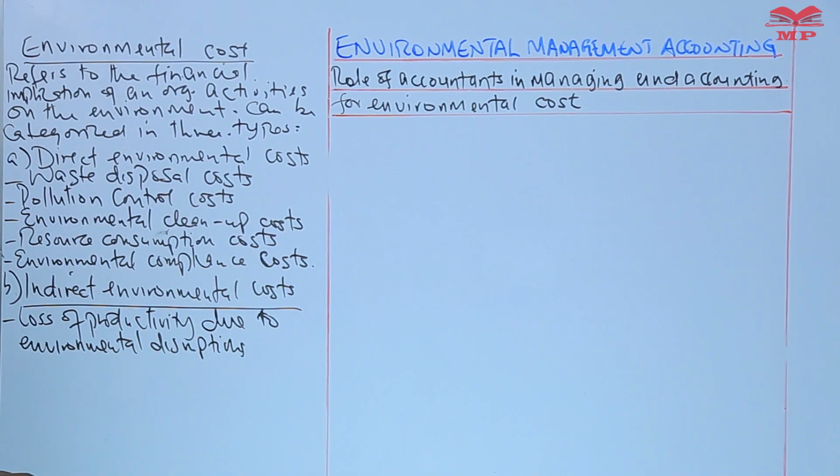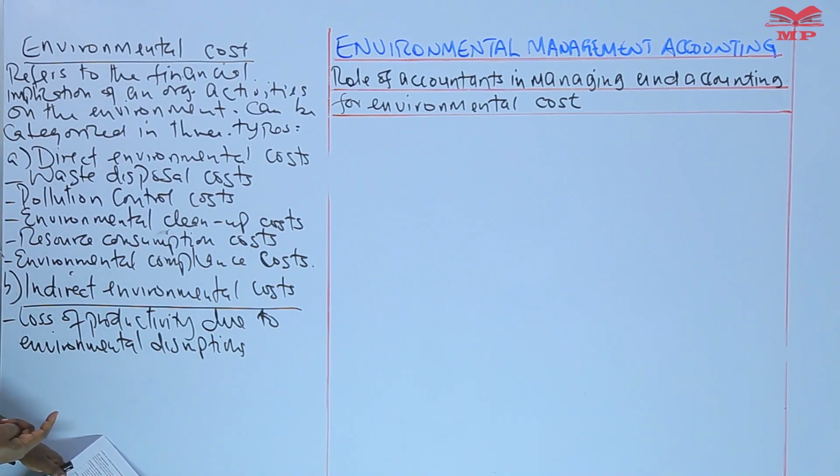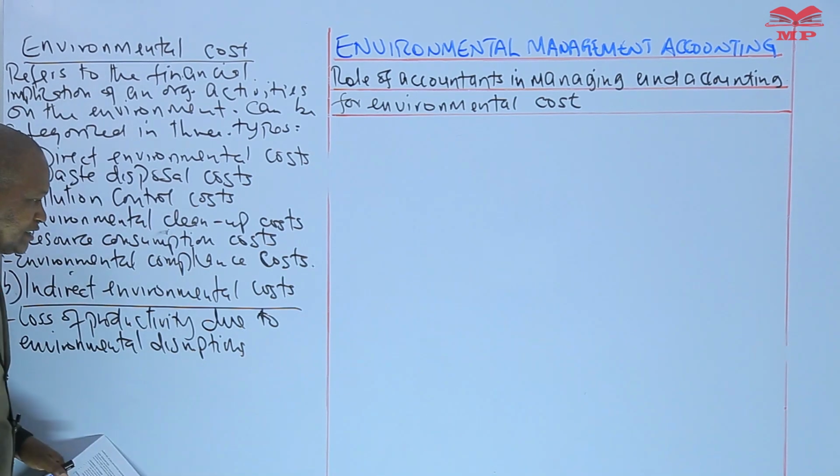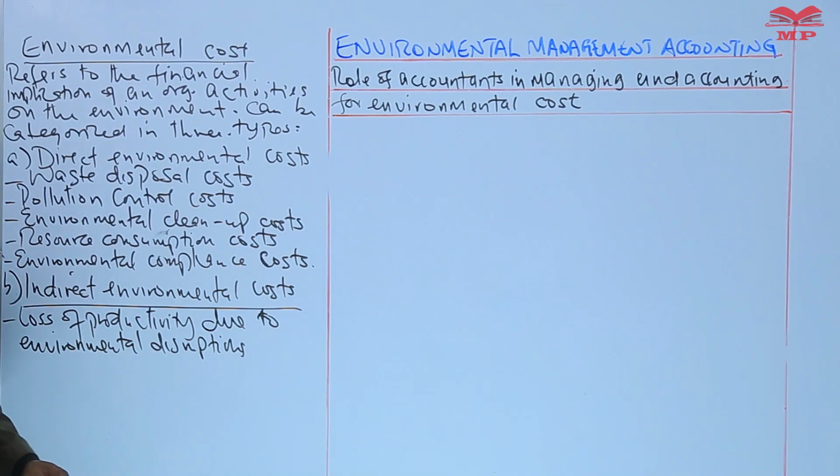These are costs associated with employee illness, costs associated with employee absenteeism, and even reduced productivity as a result of environmental hazards. All right? This is productivity of the workers because of environmental hazards that are occasioned by an organization's activities.